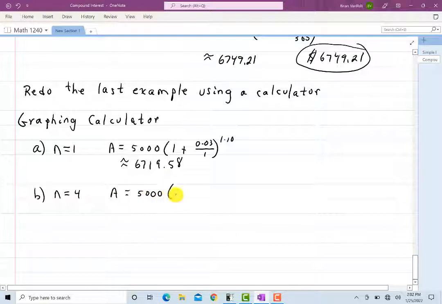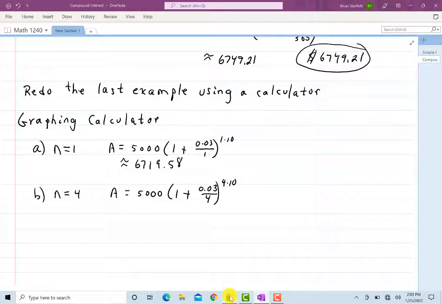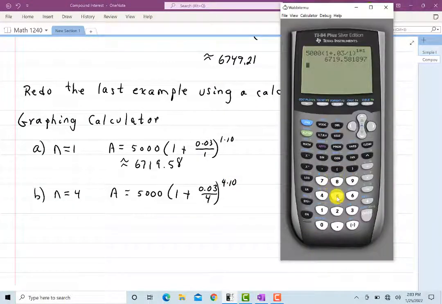Now, when n was equal to 4, here we had an exponent of 4 times 10, so I can enter it just like that. There's another cool thing about these too. I can actually come up here like this and hit enter, and it will let me edit it.